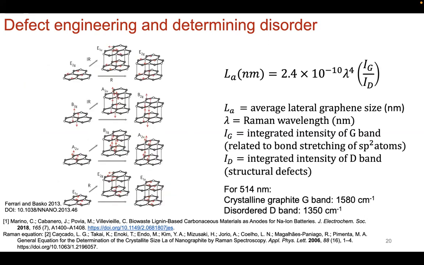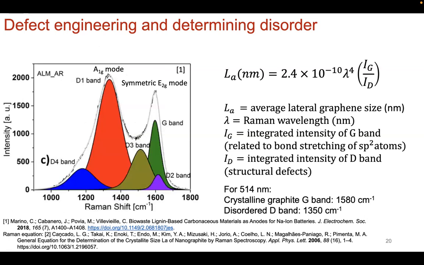So D1, the G band is the E2G mode, and so on and so forth. And the A1G is the D1 band mode. And so you could really tease out and try to understand the level of disorder with great specificity within your material.